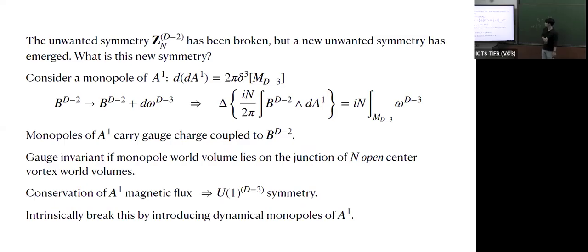Okay. So what we've done, just to summarize, is that we have started with the BF theory. This had an unwanted symmetry. We wanted to break this unwanted symmetry intrinsically. We did this by introducing vortices. But in doing so, we produced another unwanted symmetry, and we broke that intrinsically by introducing monopoles.